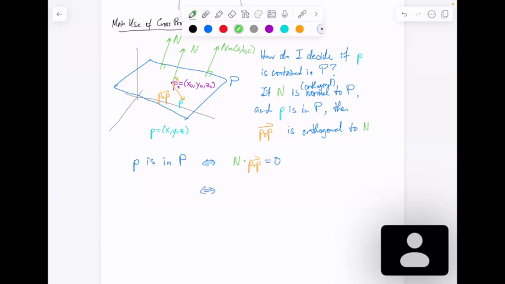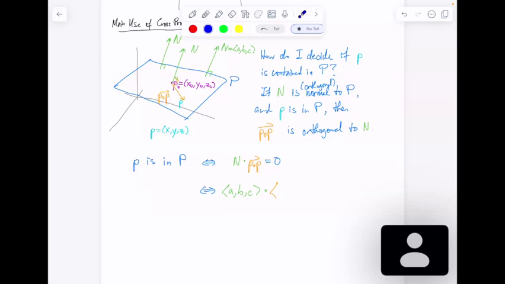This means that if the components of this vector n are a, b, and c, and I want to dot with p0p, what's the x component of p0p? This is the arrow that has its tail at p0 and its tip at x, y, z. Let's say, what's the x component of this arrow? Right, so it's x minus x naught.